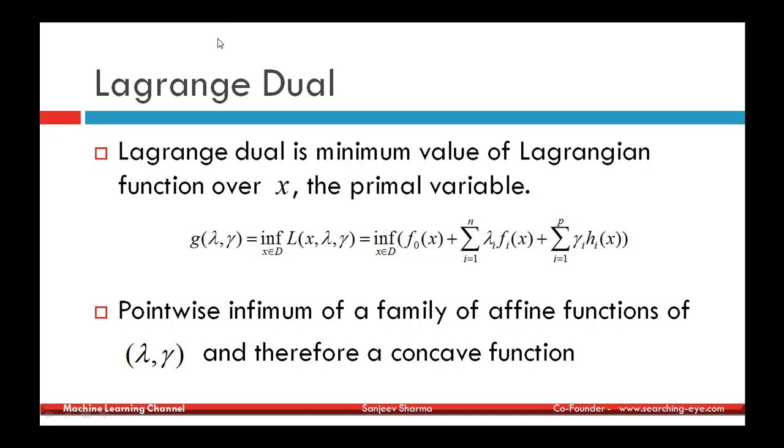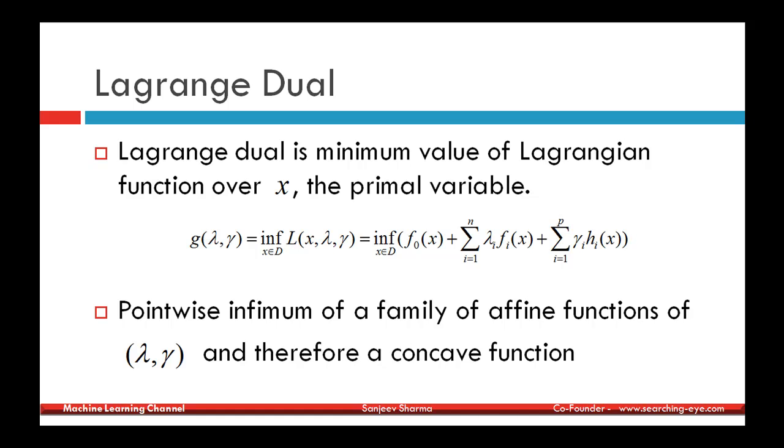So the Lagrange dual function is defined as the infimum value of the Lagrangian function over the primal variable x. This function is a pointwise infimum of a family of affine functions of lambda and gamma, and therefore the Lagrange dual function is a concave function, and it is always a concave function irrespective of the primal problem being convex or any kind of problem.